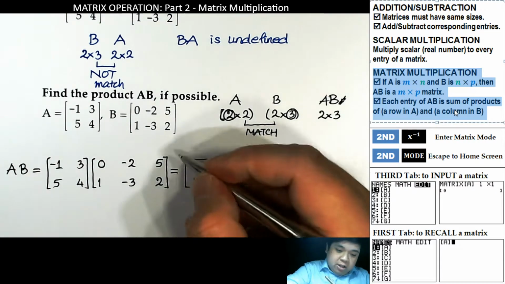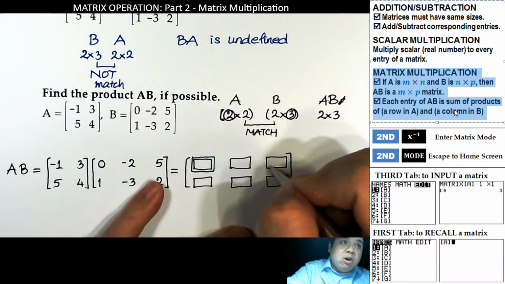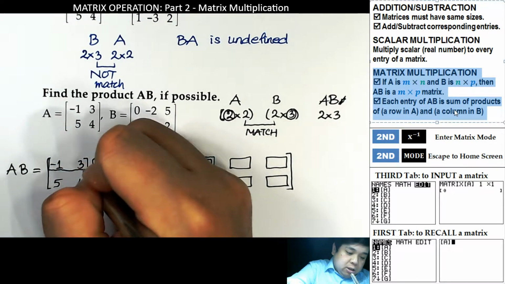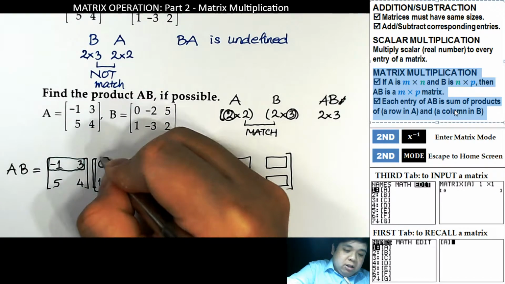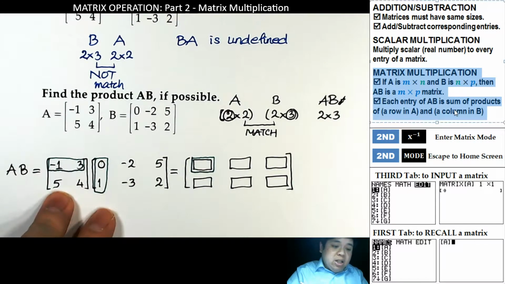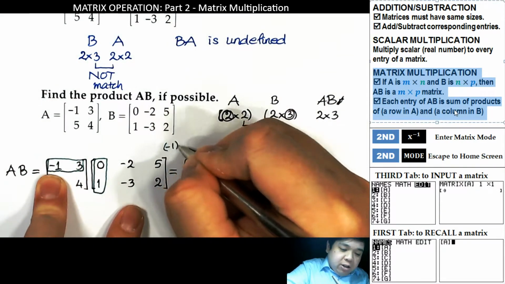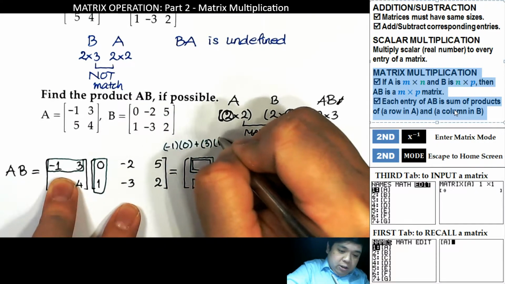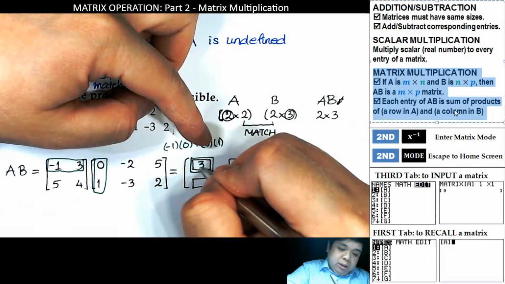Let's focus on this entry. This entry is the first row and the first column. So the row comes from the first matrix, and the column comes from the second matrix. So we have those two boxes, each of them has 2 entries. The first with the first, negative 1 times 0, and then 3 and 1, so that gives us 0, and then 3. So it will be 3.